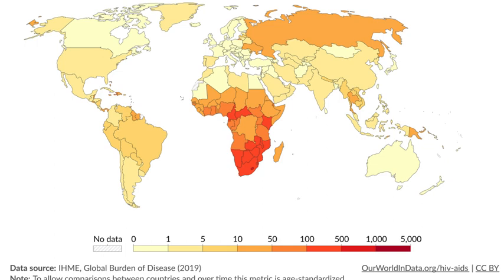But these are HIV related deaths. So you've got to keep in mind that a lot of these areas don't have the resources to treat it. It doesn't mean that there's a higher concentration of HIV in those areas.